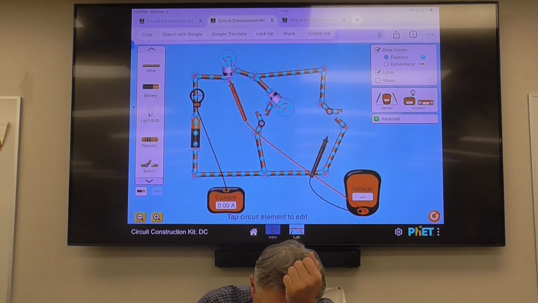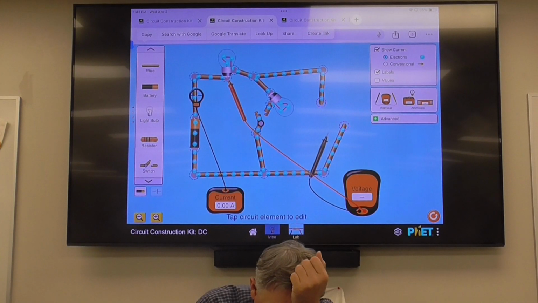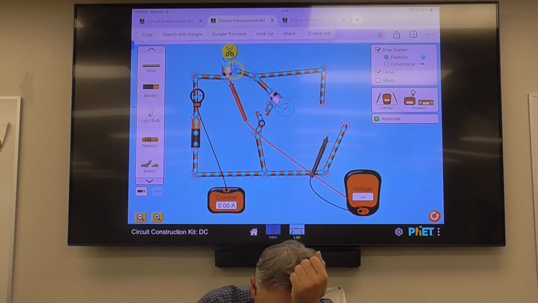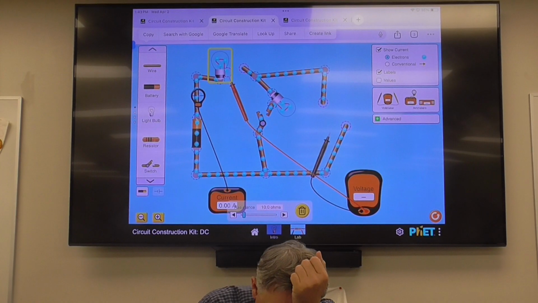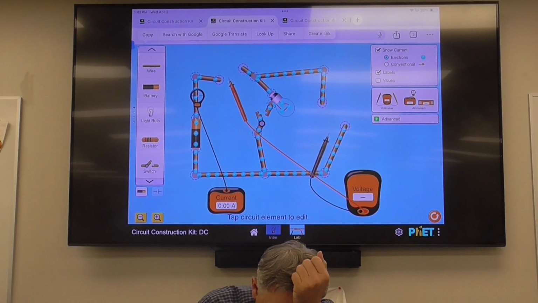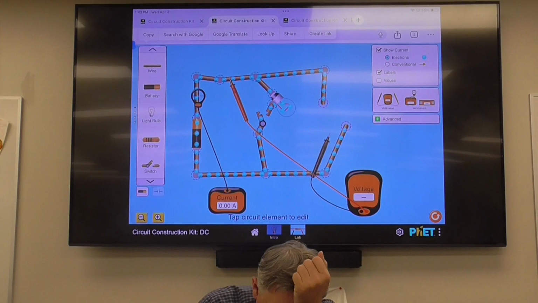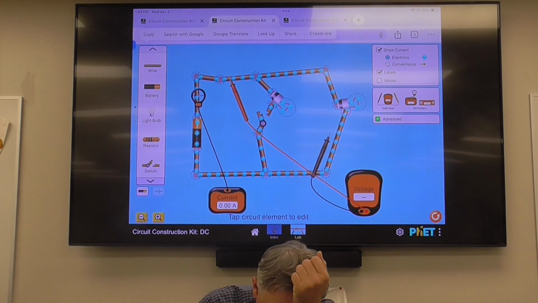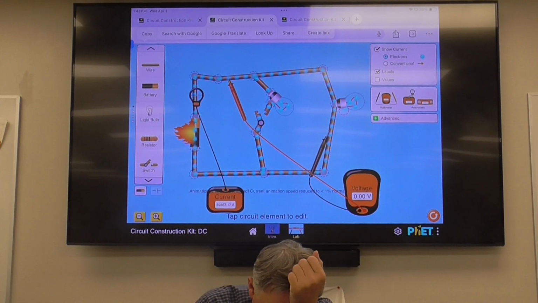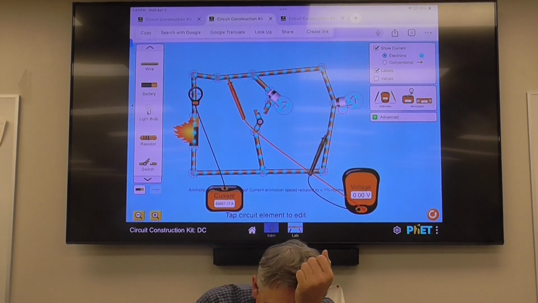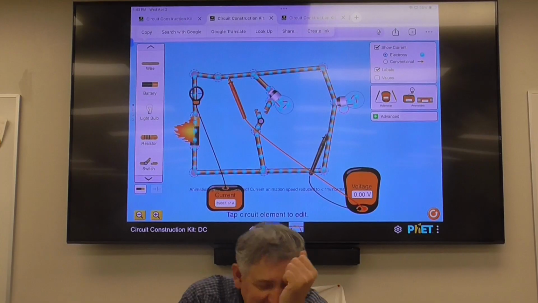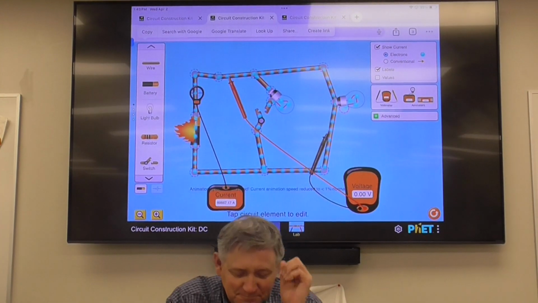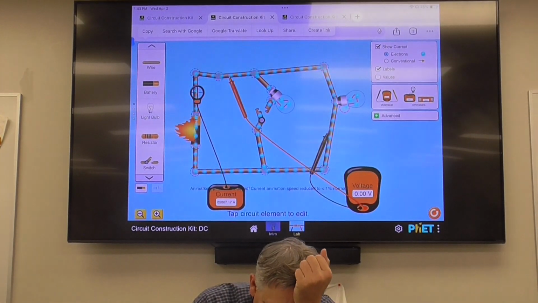Actually, I don't like that. The battery's on fire. Current animation speed reduced to less than 1%.